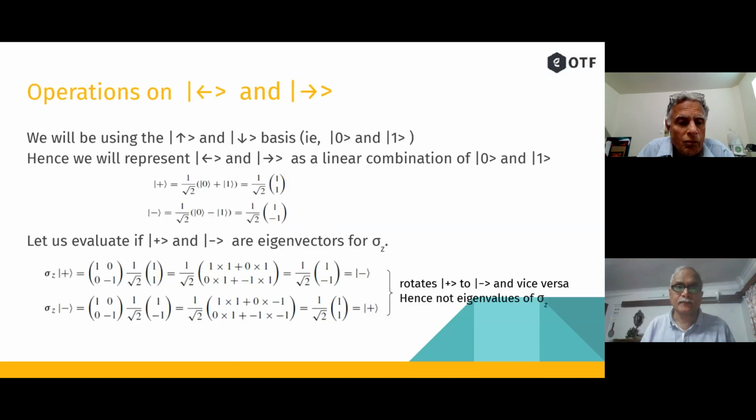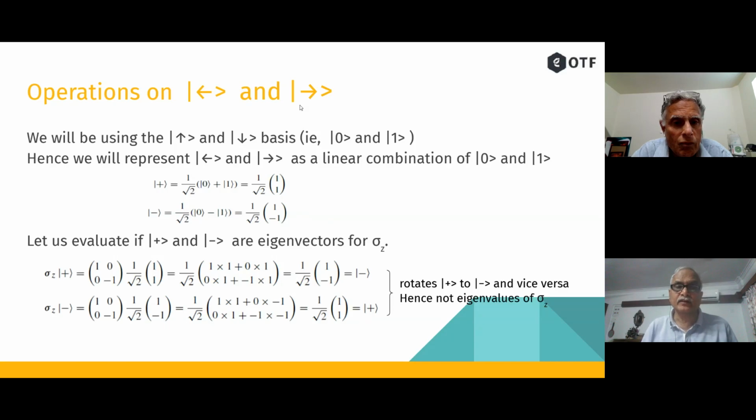What would happen? Here is a small exercise which was there in the book as well. Let us try to perform an operation on the left arrow and the right arrow.